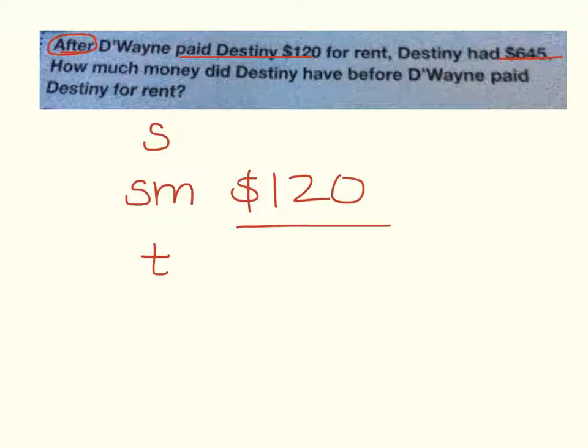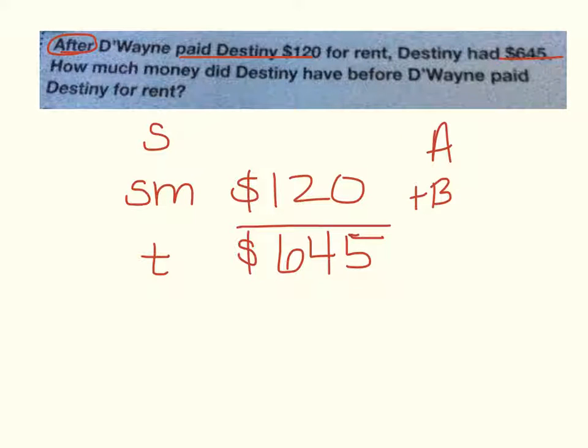Hopefully you were smart when you looked at that after and said, well, the after has to mean after he paid. So if you didn't have it in the right spot, make sure you get it there. So $645 was her total. Now in this case, we have A plus B equals C, but I don't know my A.